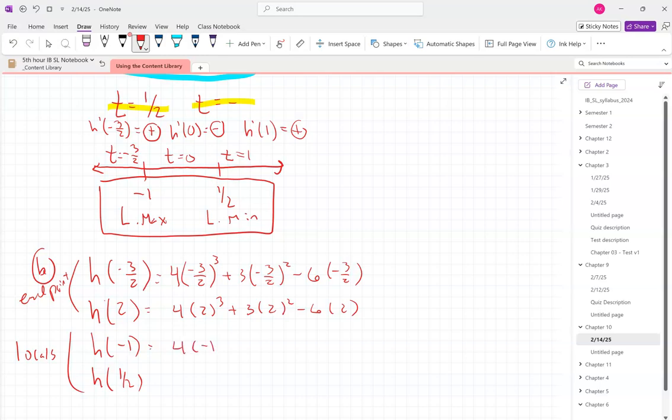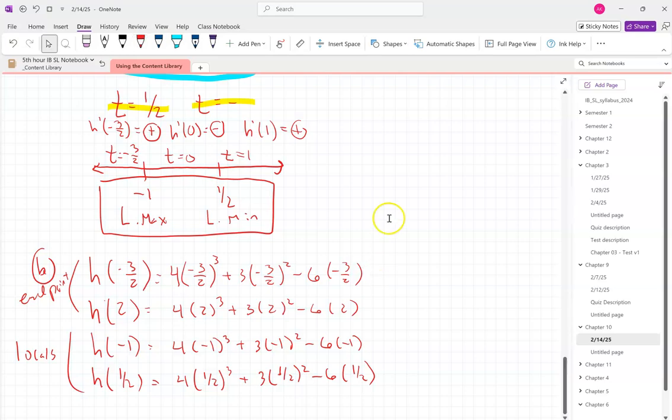Now on a problem like this, where I have a bunch of numbers to check and some of them are fractions, which makes the mental math kind of a hassle, I'm going to do this all in my calculator, but in a clever way so that I don't have to keep typing this stuff in over and over again.